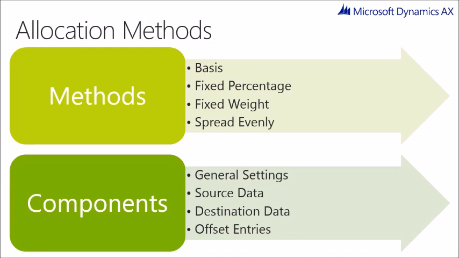This is where the data will come from to create the new allocation. The destination data defines how the results of the allocation calculation must be distributed to the destination distribution lines. Offset entries balance the destination distribution lines so that the journal entry will balance.